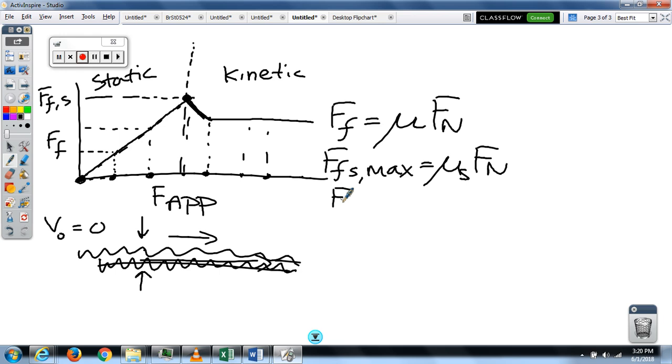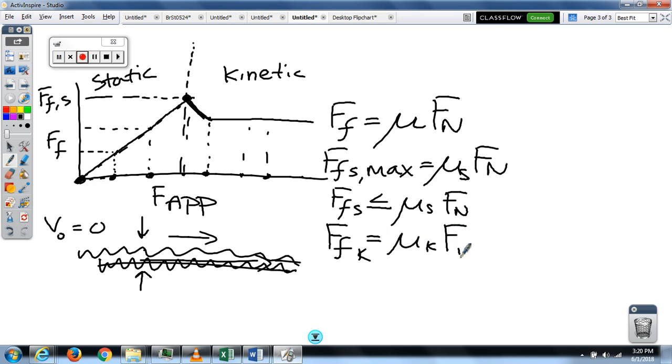For F_fs in general, like we said, it ranges from 0 to whatever that max is. So it could be any value that is less than or equal to mu_s F_n. And then kinetic friction equals mu_k F_n.